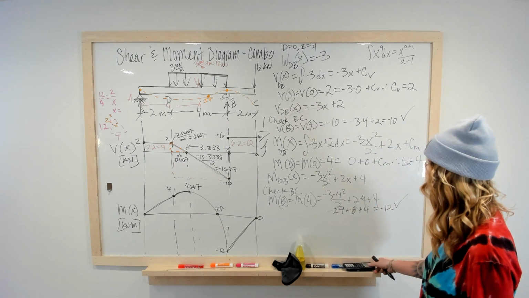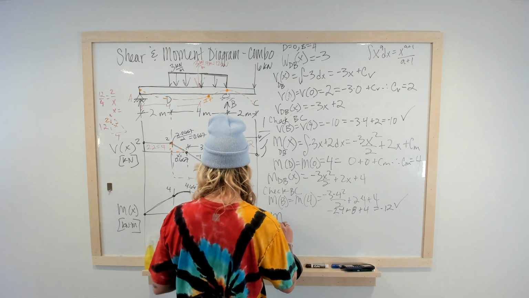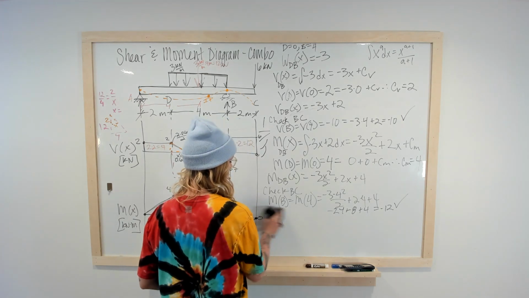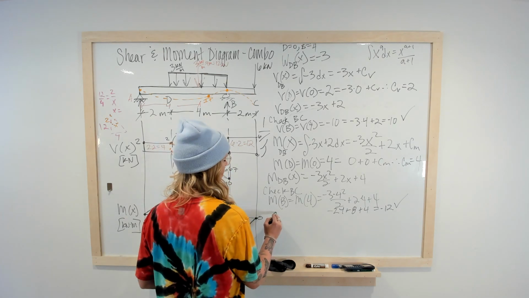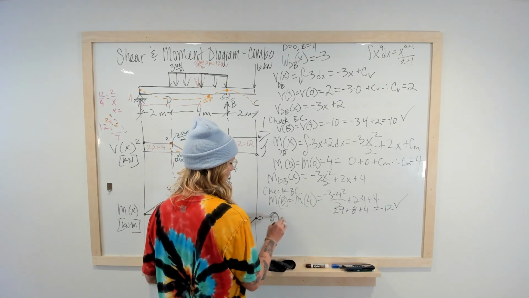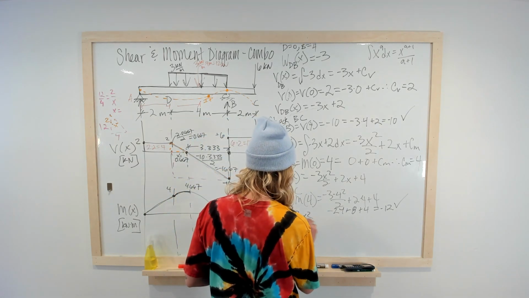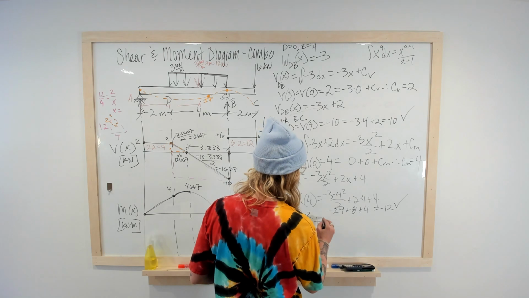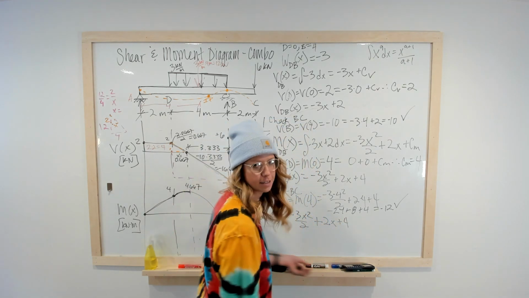Okay, so now what we want to know is where M is equal to 0. So 0 is equal to negative 3x squared over 2 plus 2x plus 4. And I don't have my nice calculator today.